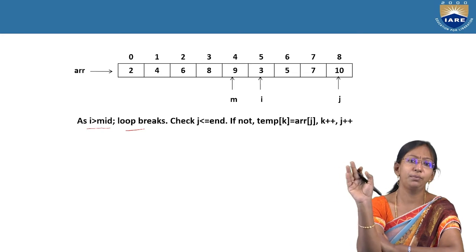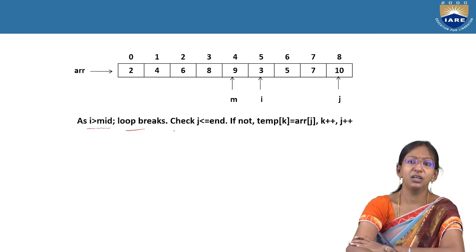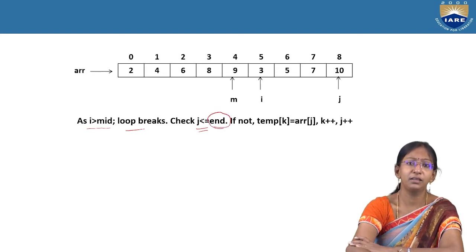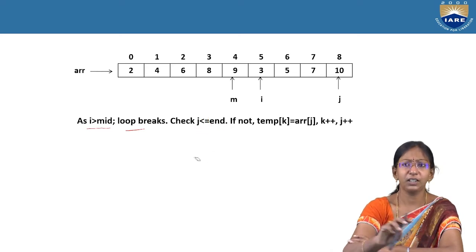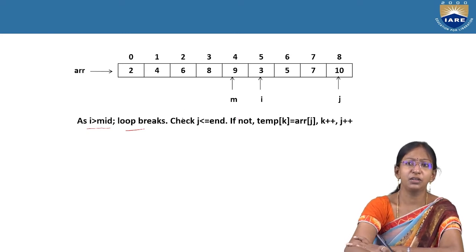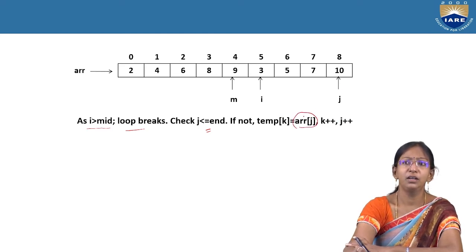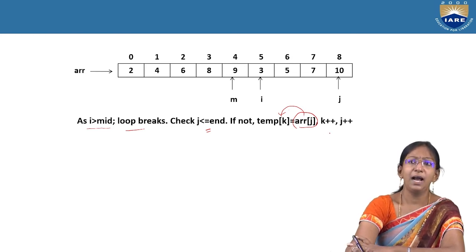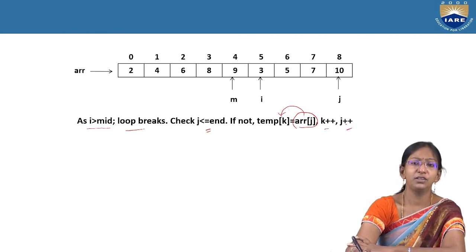It may be over or may not be over. So check whether j is less than or equal to end. I hope you understand why I have stored the value of end now, right? So if this condition is satisfied, then copy the content in j into the resultant list, which is temporary, and increment k and j respectively.